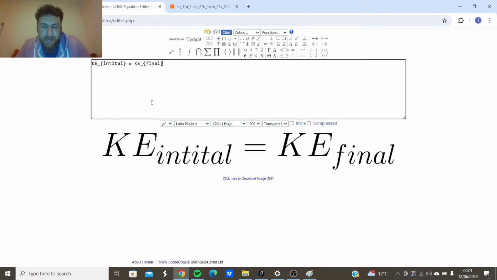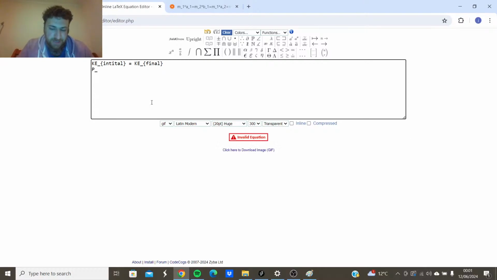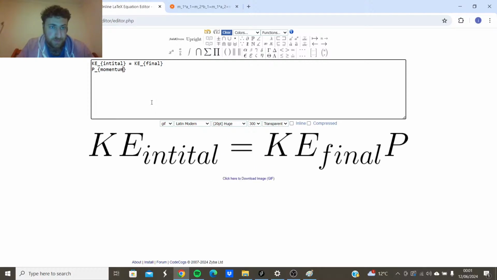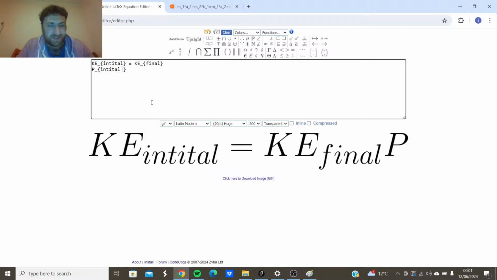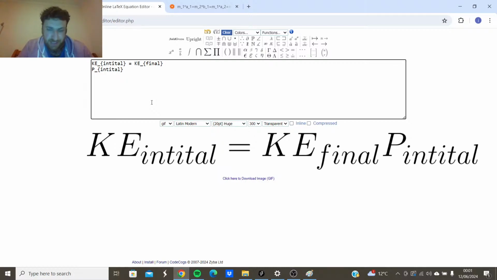And we also want initial momentum. No, that's not right. Momentum initial equals momentum final. And I also need a new line.